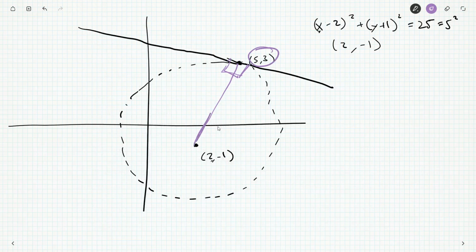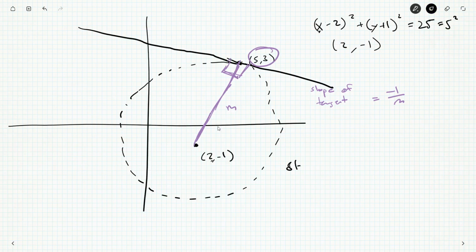How could we figure out the slope of the tangent line? Well, if we knew the slope of this radial line, say m, the slope of the tangent would be negative 1 over m, negative reciprocals. This is a nice relationship between slopes of perpendicular lines. Now, how can I get m? I have 2 points on this line.